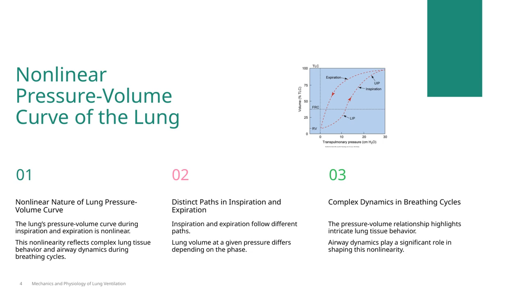Airway dynamics, in particular, play a significant role in shaping this nonlinearity, affecting our breathing efficiency and comfort. Overall, understanding these paths and the nonlinear pressure-volume relationship helps us grasp the detailed mechanics behind ventilation, emphasizing how complex and finely tuned our respiratory system truly is.